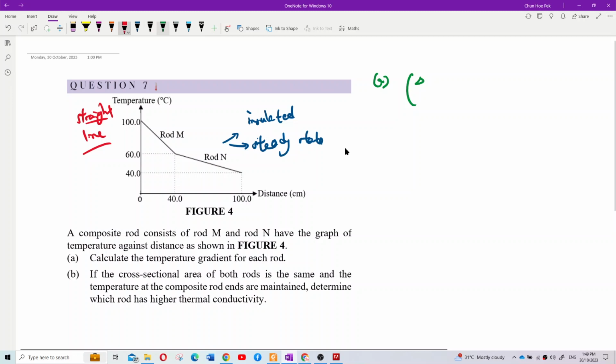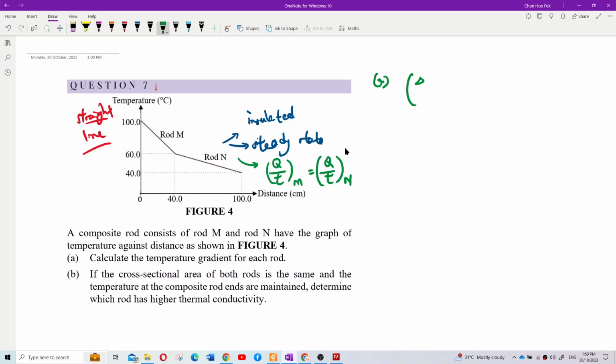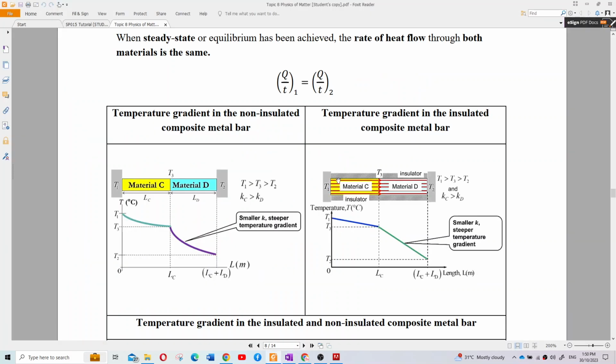That means we also can say there is constant heat flow. The rate of heat flow at M equals the rate of heat flow at N. Because if non-insulated, it's a curve. If straight line, it means insulated. Understand? If non-insulated, the graph should be a curve.